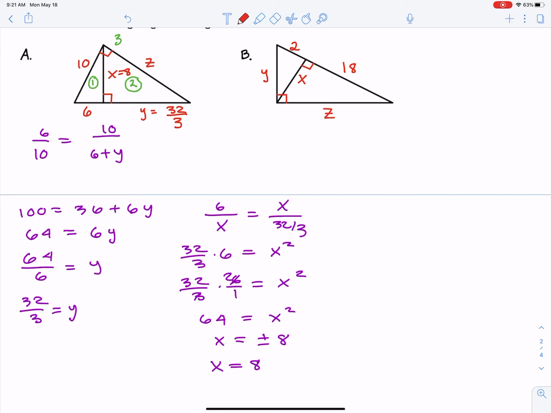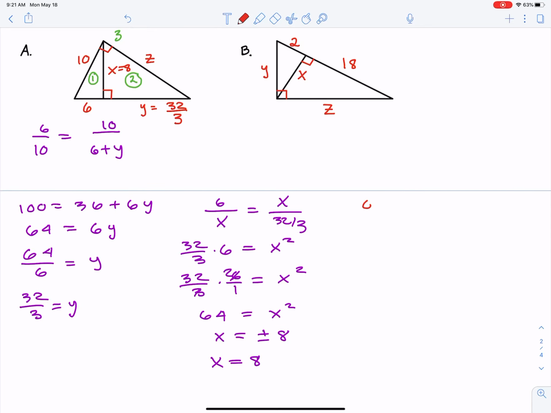So how about we go triangles 1 and 2 again? I'm going to say 6. Short side of triangle 1 is 6. Oh no, I'm sorry. I could, but I'm not going to. So let's see what I'm going to do instead.